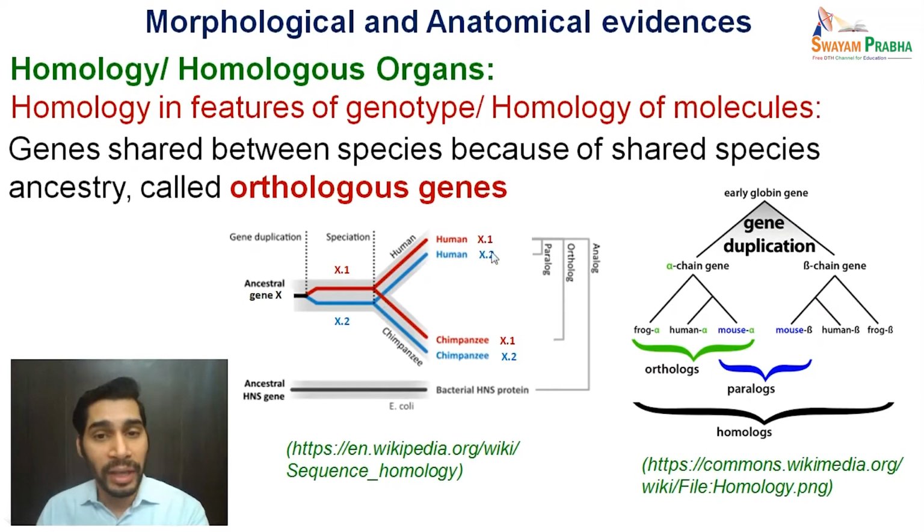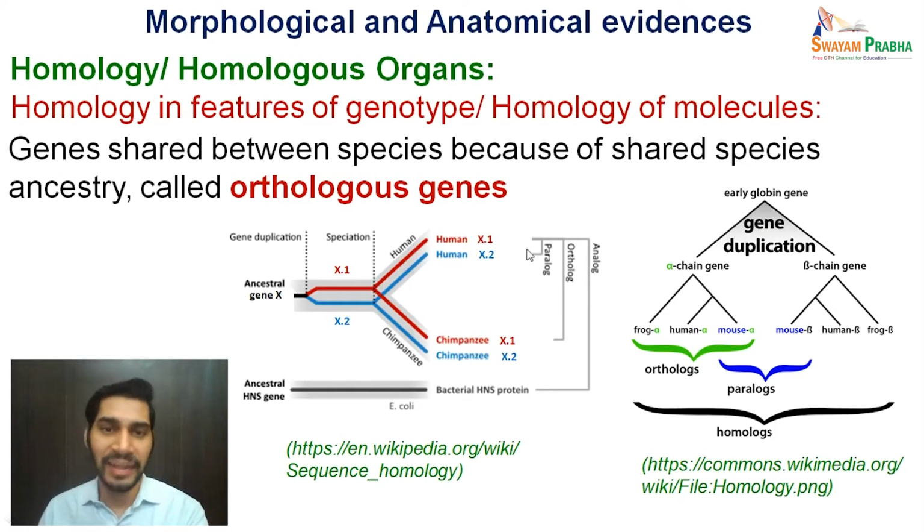Now, if you compare the human X.1 with the chimpanzee X.1, they represent the orthologous genes. So the genes which are present in different species, but there is a common ancestry.